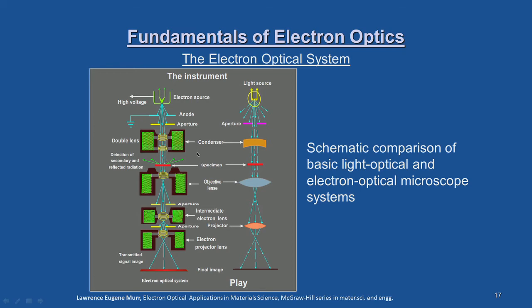That is the primary action. And here also the objective lens will focus the light to the image plane. The same action is done here with the objective lens, and then these two additional apertures also help.